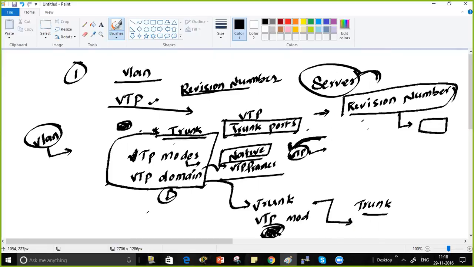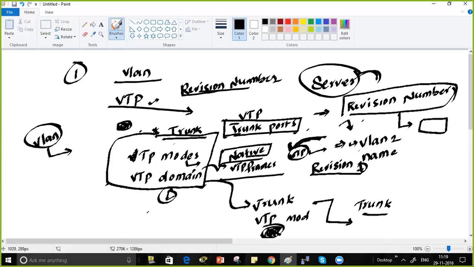The revision numbers are like this: if you configure VLAN here, VLAN 2, and after that you configure a name, whenever you configure VTP, if you configure VLAN 2, at that time it will take revision number 1. By default, it is 0, right?